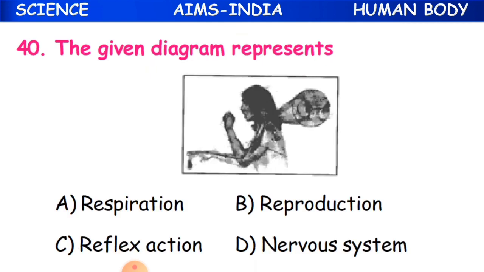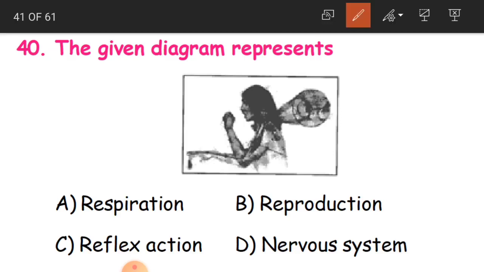Here 40th question. The given diagram represents. See children, carefully observe the picture here. There is a girl and she tried to touch something which is hot here. Okay, this is her hand. She tried to touch something hot. So immediately what happened? When we touch something very hot or very cold, and it is very painful for us, what will happen?